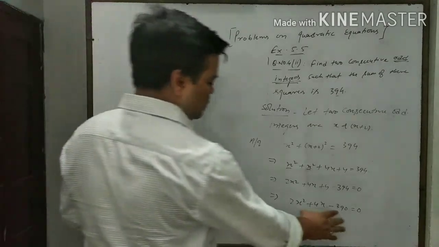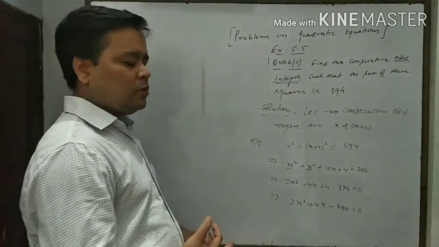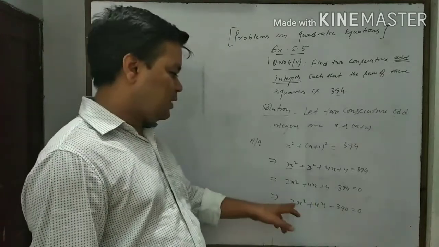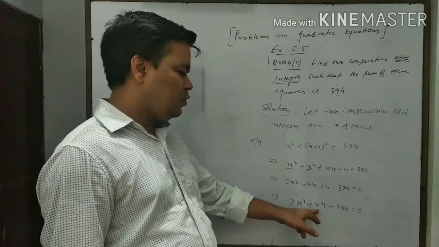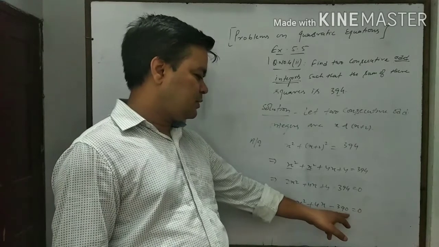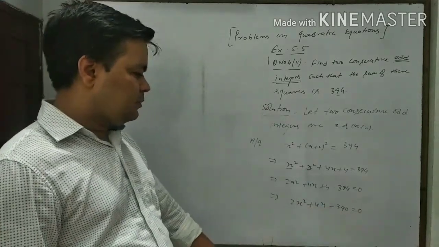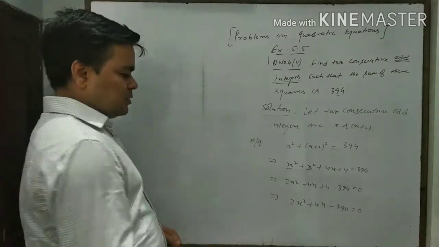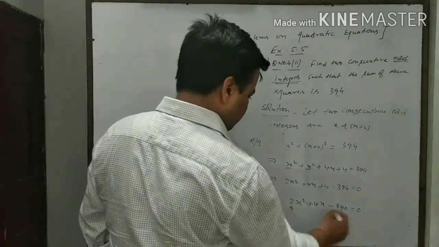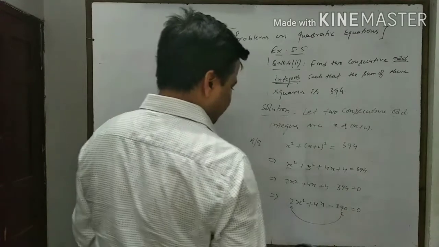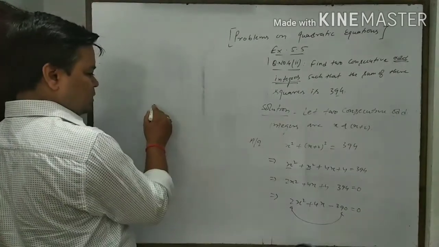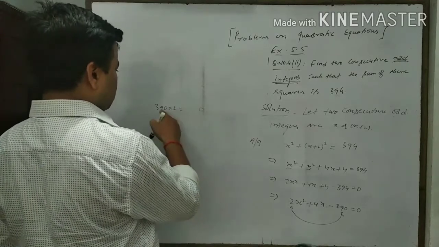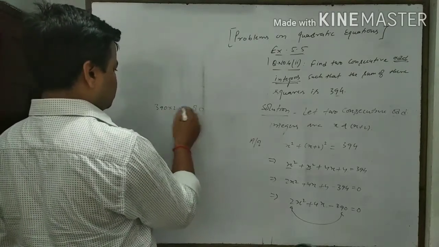Now this is in the standard form of the quadratic equation, ax square plus bx plus c, where a is equal to 2, b is equal to 4 and c is equal to minus 390. Here we can solve this question now. First of all we multiply a and c, so it will be 390 into 2, that is 780.